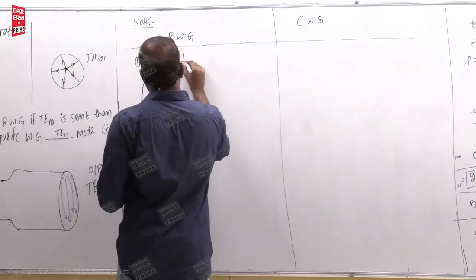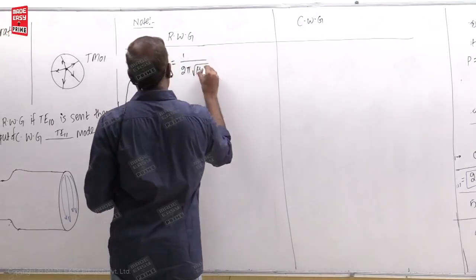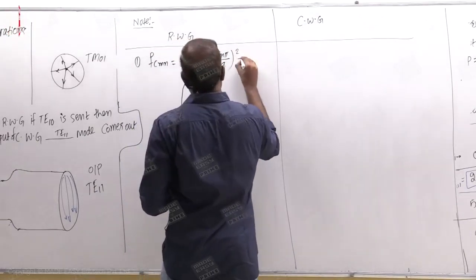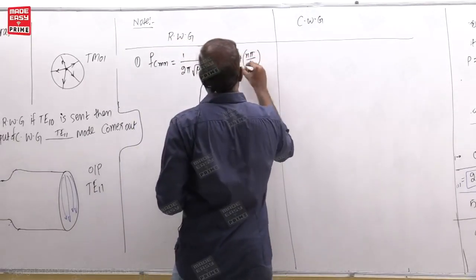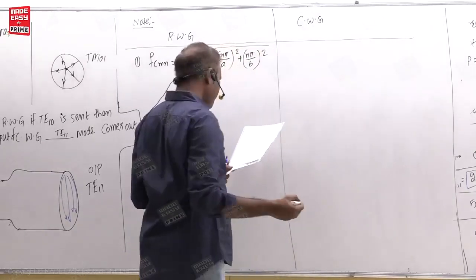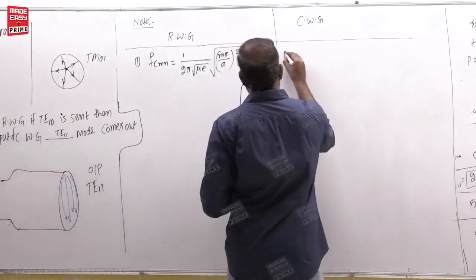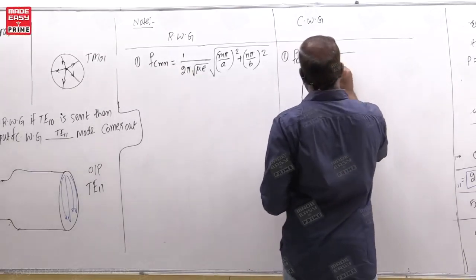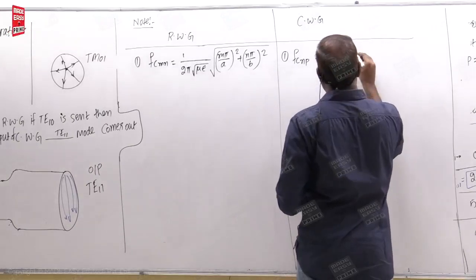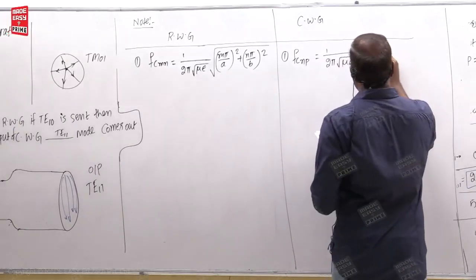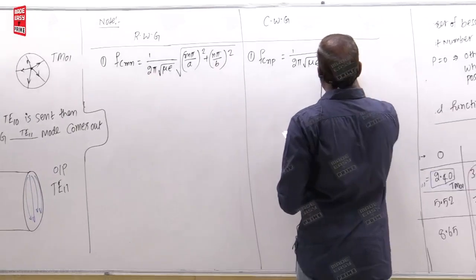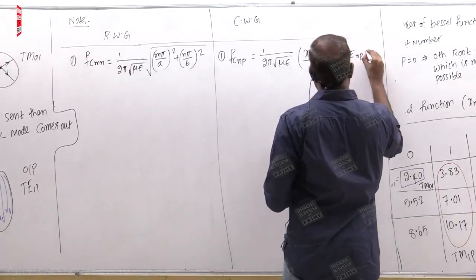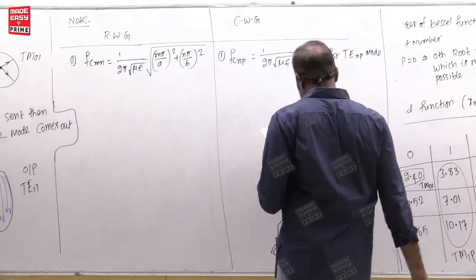fc_mn is equal to 1 by 2 pi root mu epsilon, square root of (m pi by a) whole square plus (n pi by b) whole square. fc_np is called here 1 by 2 pi root mu epsilon times X'np by a, this is for TE_np mode, right?